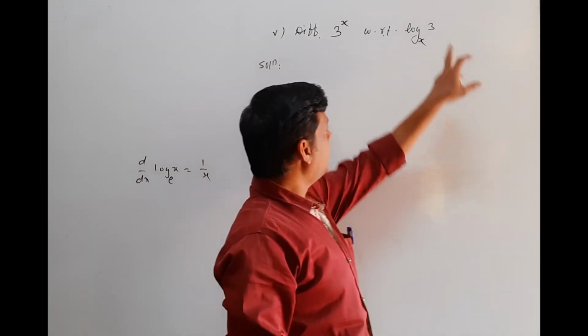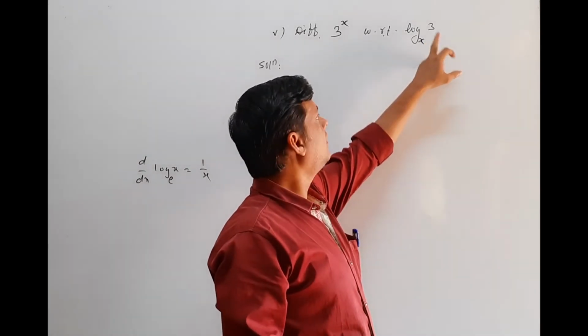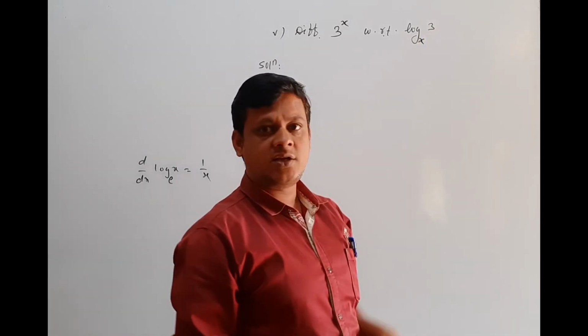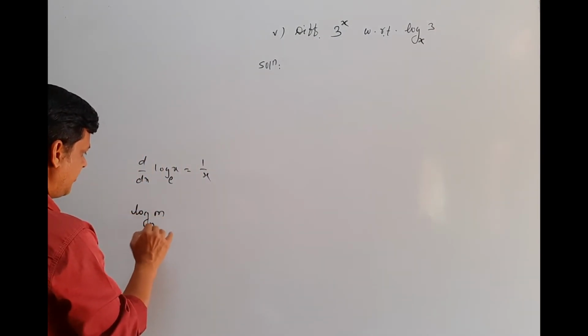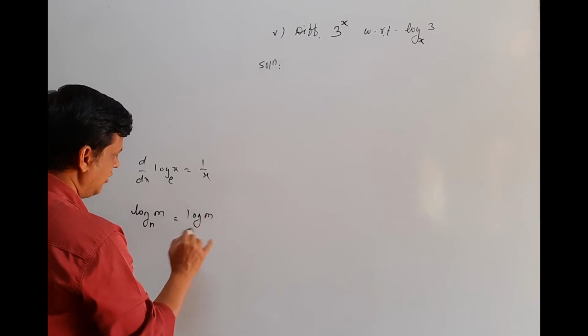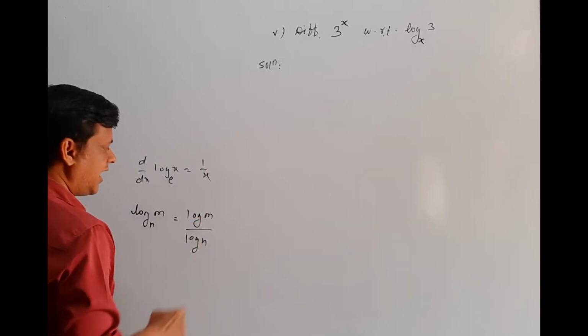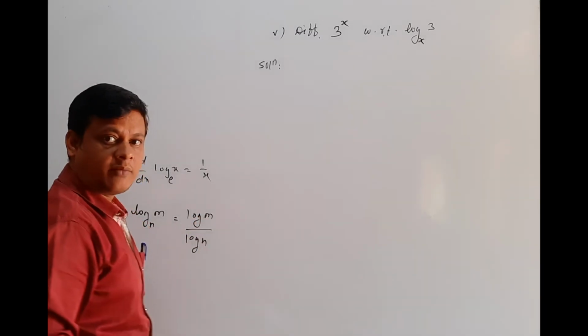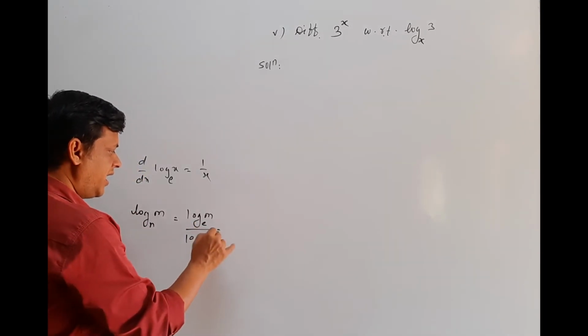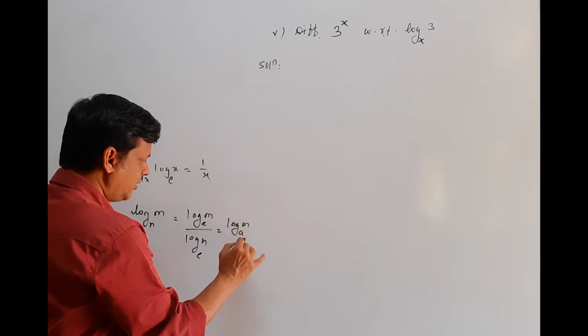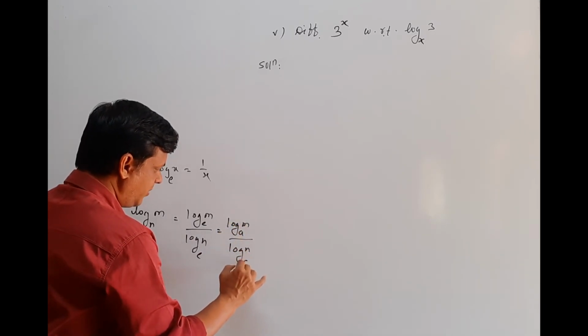Here base is x, so we have to apply the change of base rule first. We know that log m to the base n can be written as log m upon log n, and the base can be written as e, or you can take any base, so log m to the base a upon log n to the base a.